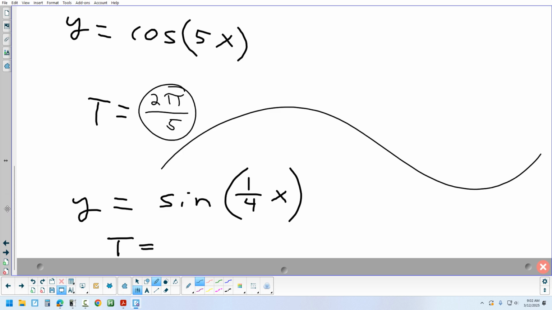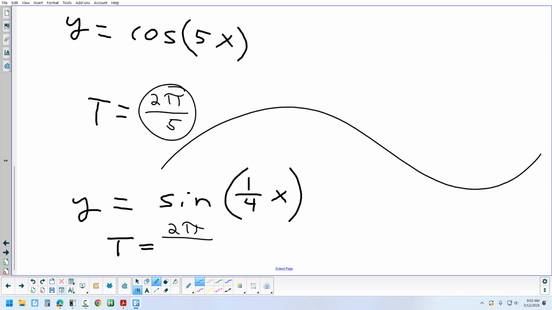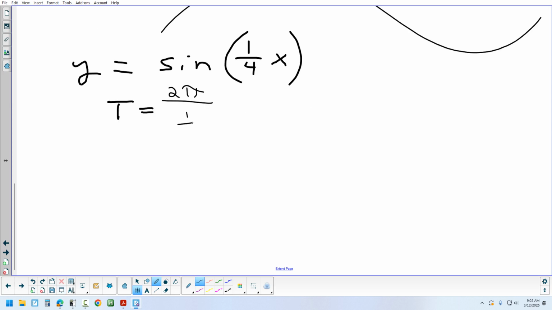So let's figure this one out. So 2 pi, and what are we going to divide by? 1/4. Now, instead of dividing by a fraction, you can instead multiply by the what? Reciprocal, which is, what's the reciprocal of 1/4? 4. That's why the cycle gets 4 times as long.